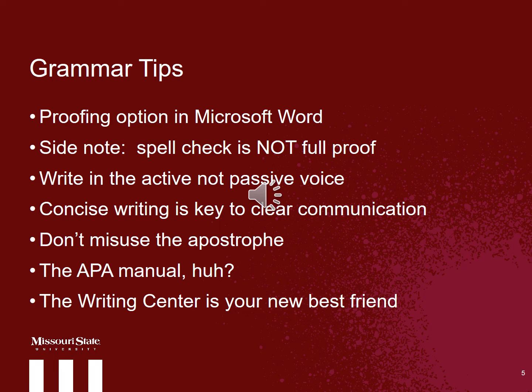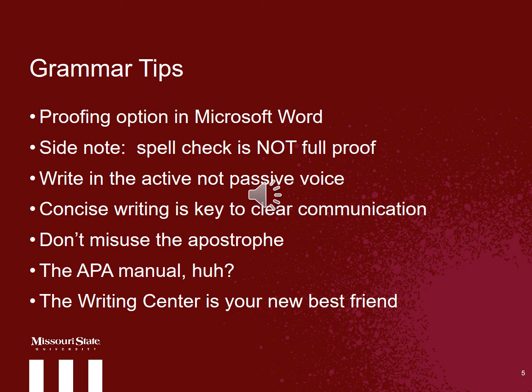The next thing I want to talk to you about is making sure that you write in active voice, which means the subject of the sentence performs the action. An active voice sentence would be: the dog, which is the subject, bit the man. The passive voice would be: the man was bitten by the dog.